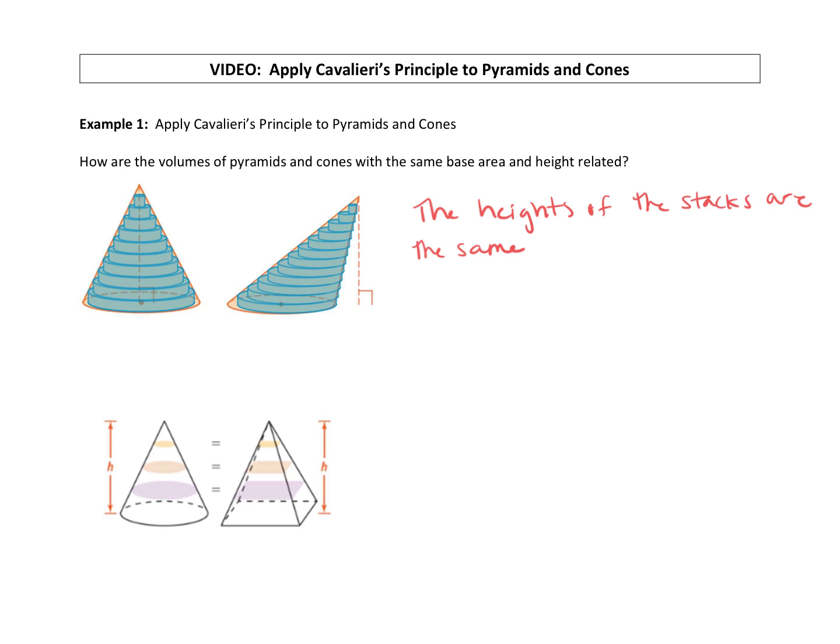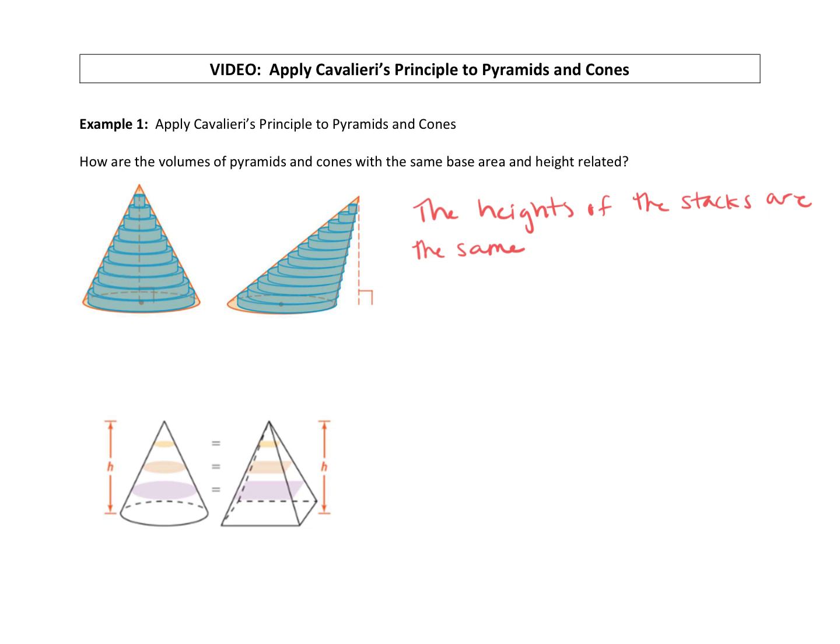And then at each level, the area is the same. So here we have the circular disc. Here's that same circular disc. Those would have the same area. This next circular disc is this same one right here, just pushed over a little bit.